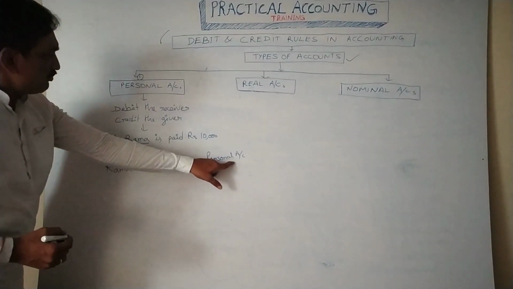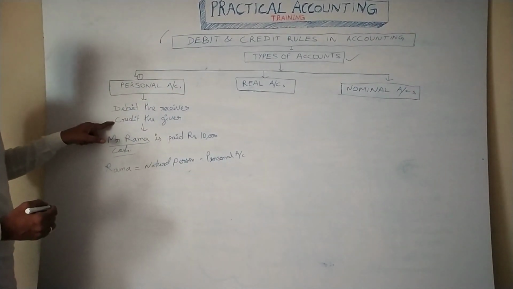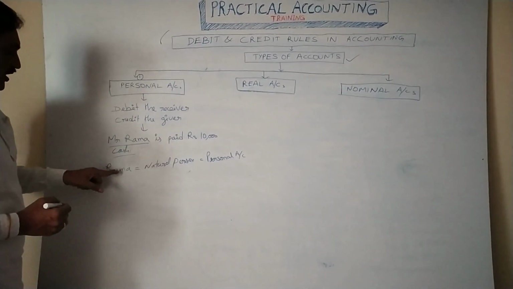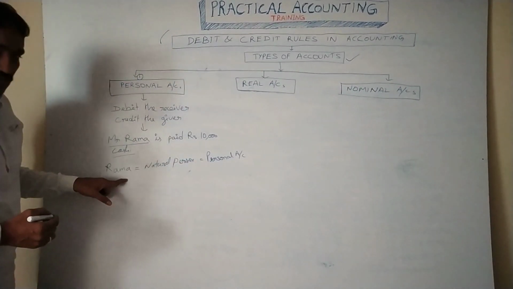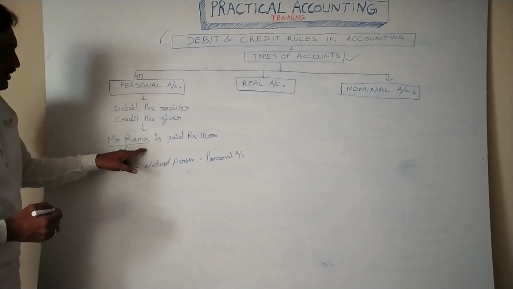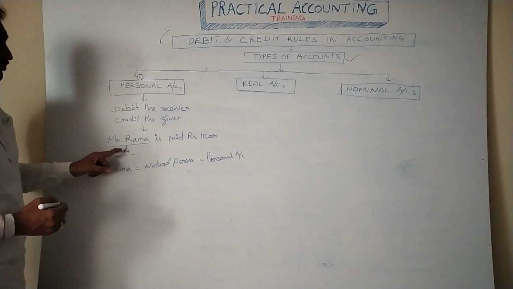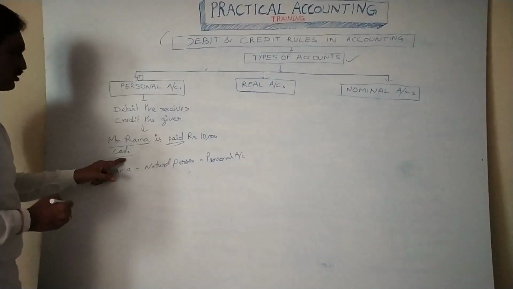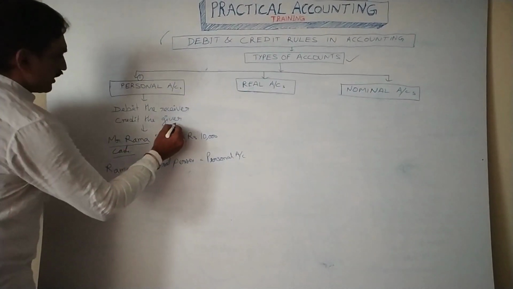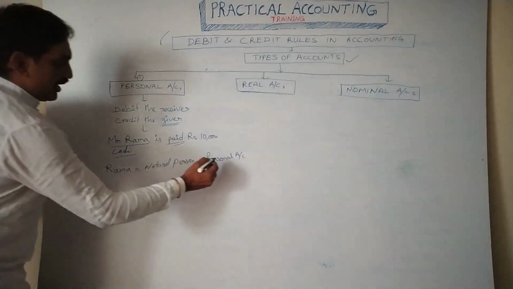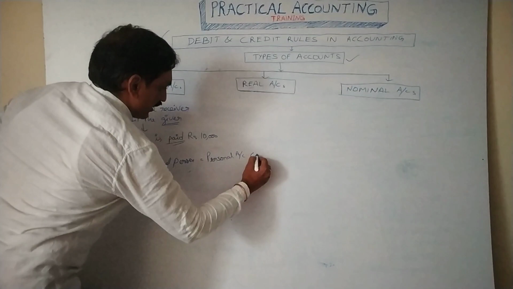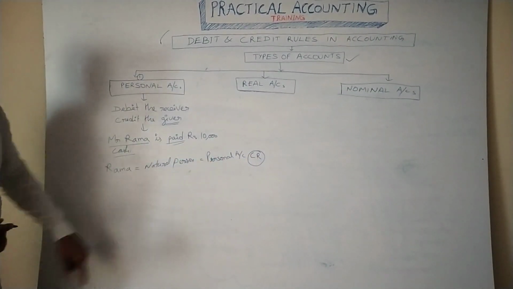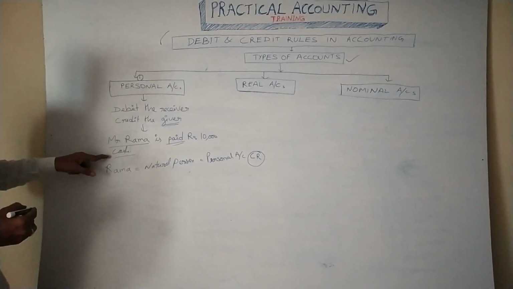So for a personal account, what is the debit credit rule? Debit the receiver, credit the giver. What is the position of Rama here? Is he giving or receiving? Rama is paid. It means he is giving 10,000 cash to the company. So he is the giver. So Rama account is credited.